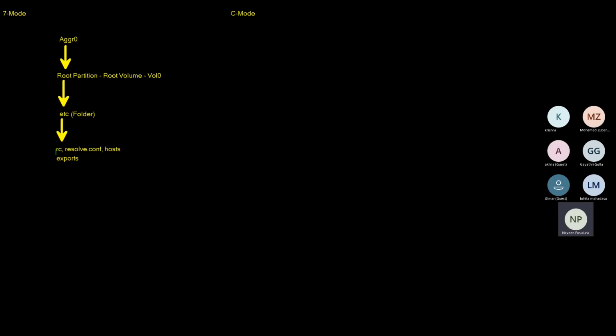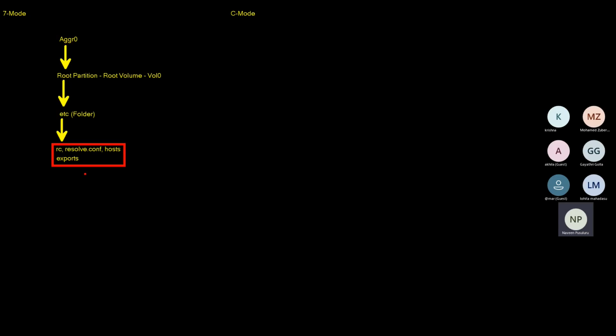For example, one more thing is, if someone deleted these configuration files accidentally, or if someone tried to edit it and deleted the content inside the configuration file, then it will be a big problem.